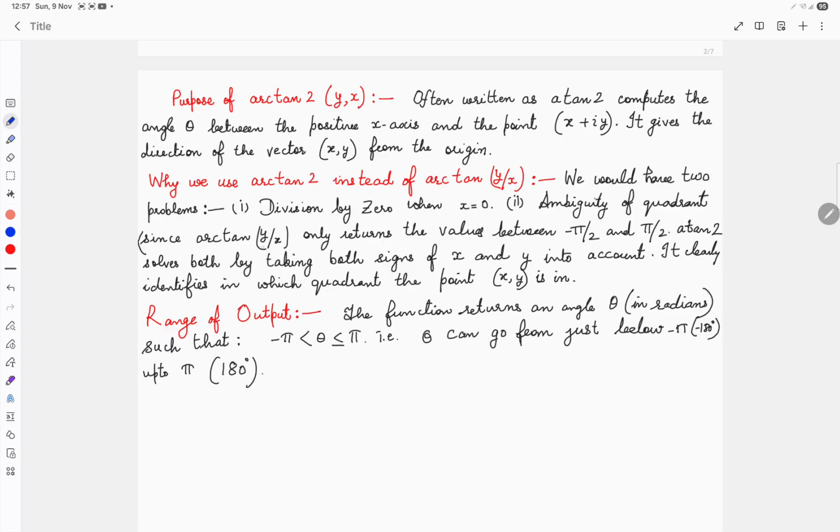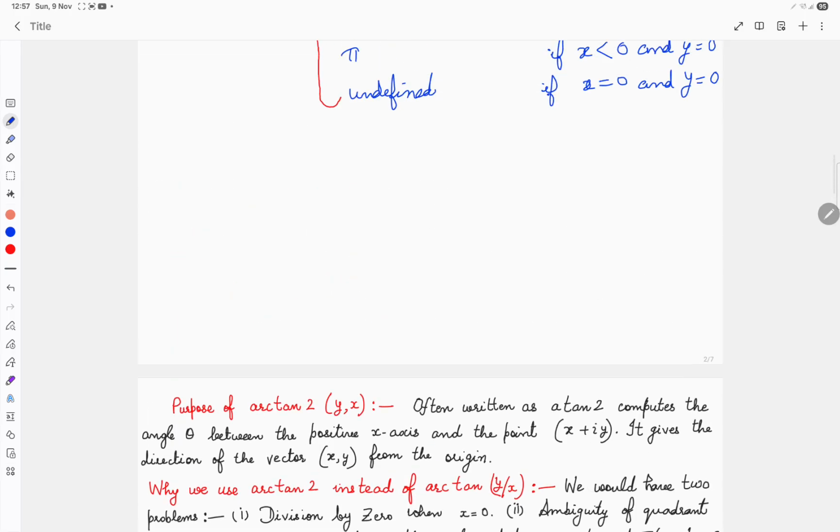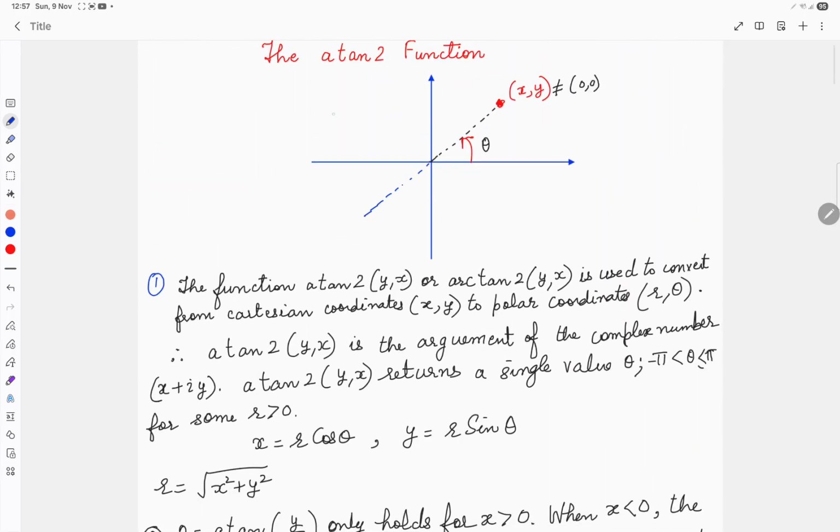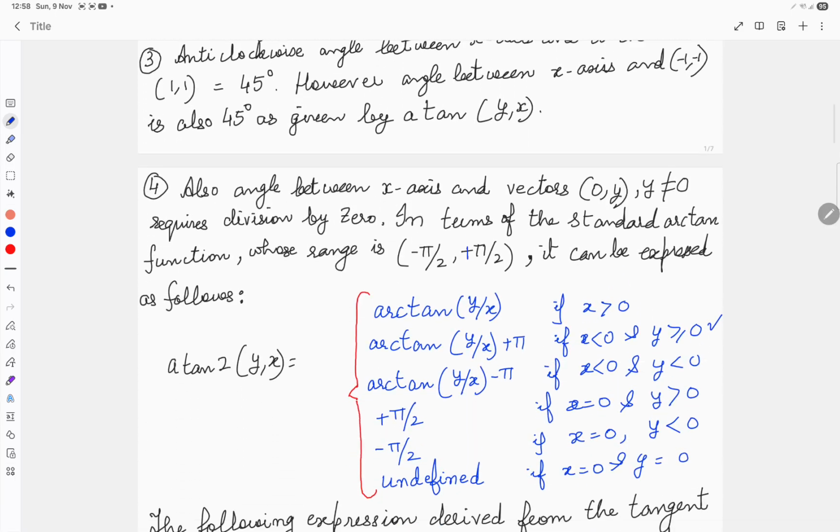Since arctan y by x only returns values between minus pi by 2 and pi by 2, arctan2 solves both by taking both signs of x and y. If we use arctan y by x only, because the range of the tan inverse function is minus pi by 2 to plus pi by 2, it does not tell us the values of theta between the second and the third quadrant.